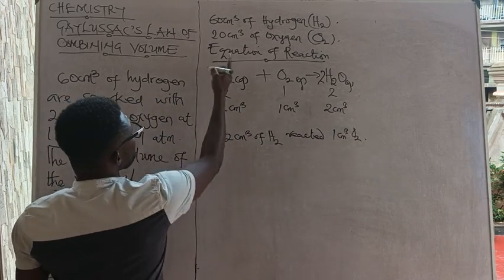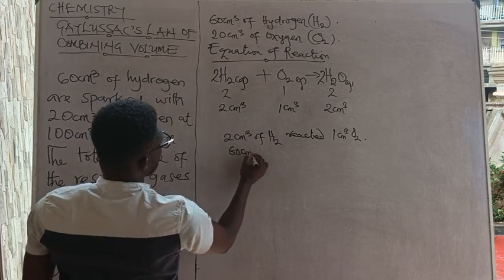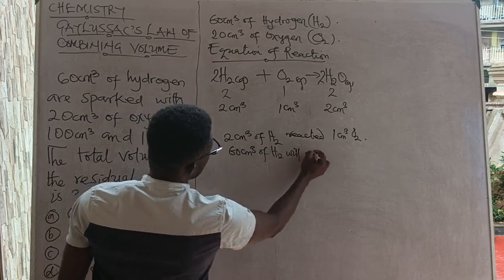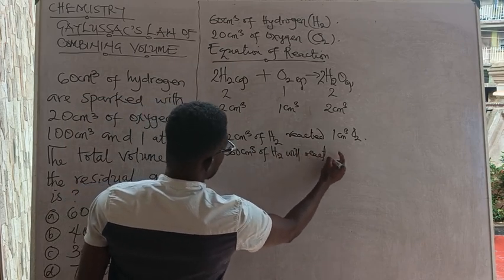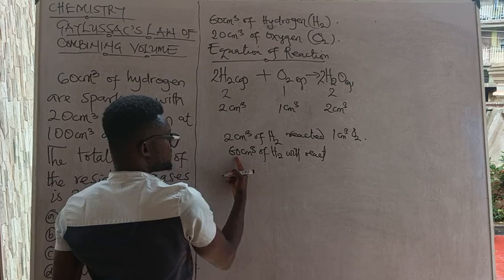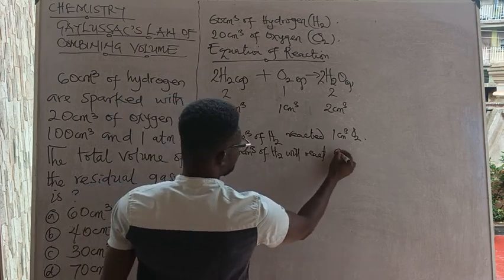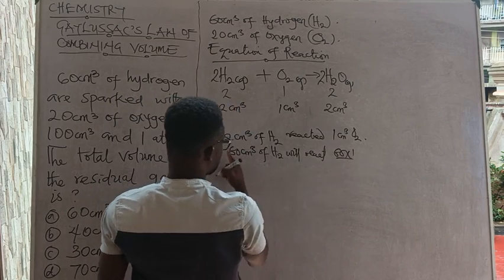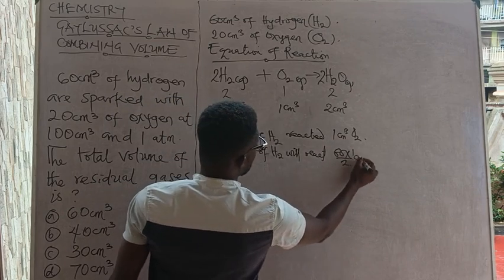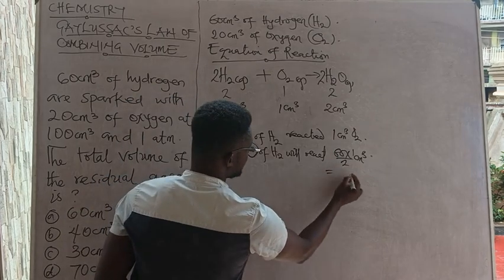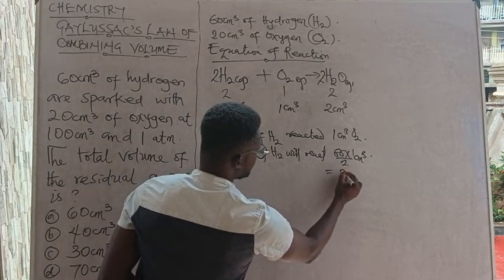Then 60 cm cube of hydrogen gas will react with what value now? 60 times 1 divided by 2, which will give 30 cm cube.